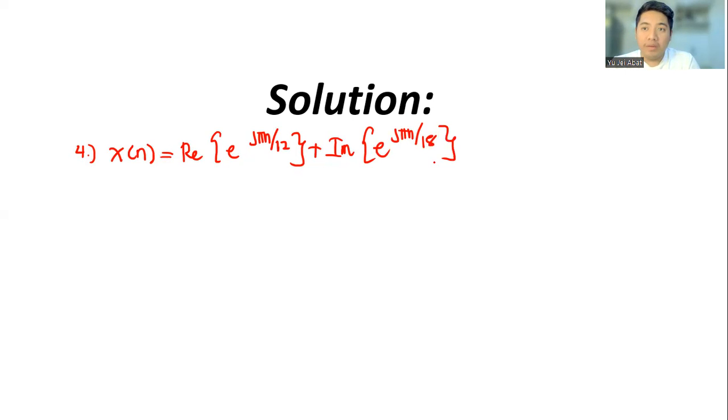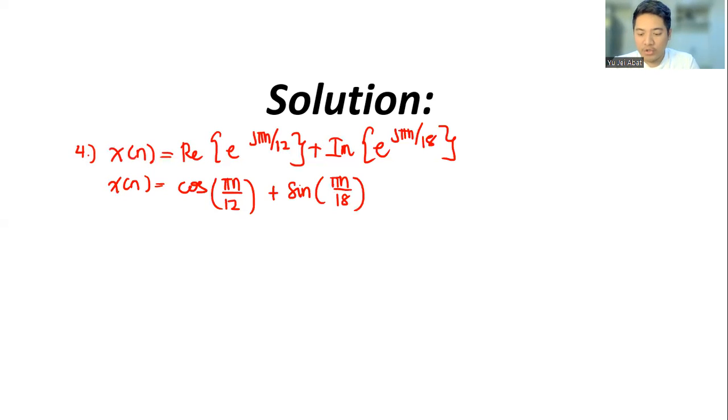We can recall from our sinusoids, or Euler's identity, that we can resolve this into a sum of cosine and sine. So we can rewrite this as x of n equals the cosine of pi n all over 12 plus the sine of pi n all over 18. So now we have two sinusoids.